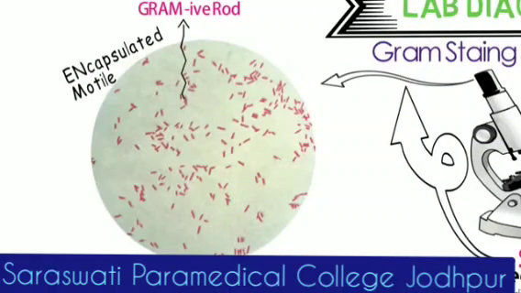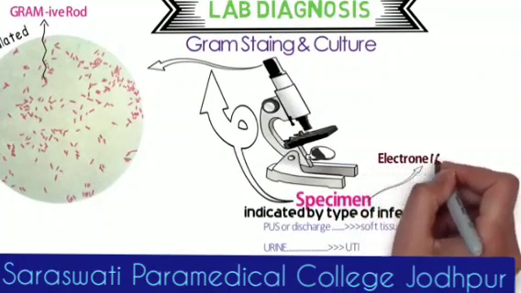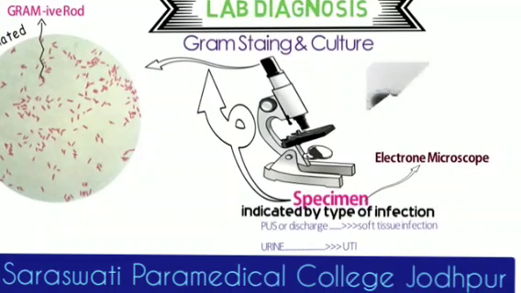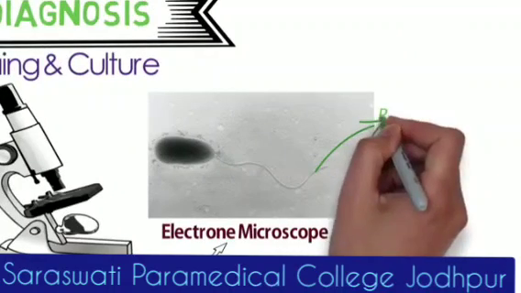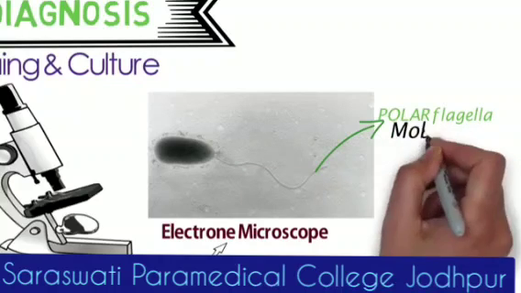You can see these morphological features in this diagram. These morphological characters do not differentiate it from other enterics and from other gram negative rods. If you put the specimen under the electron microscope, you can see that it has polar flagella, and this polar flagella makes it motile.